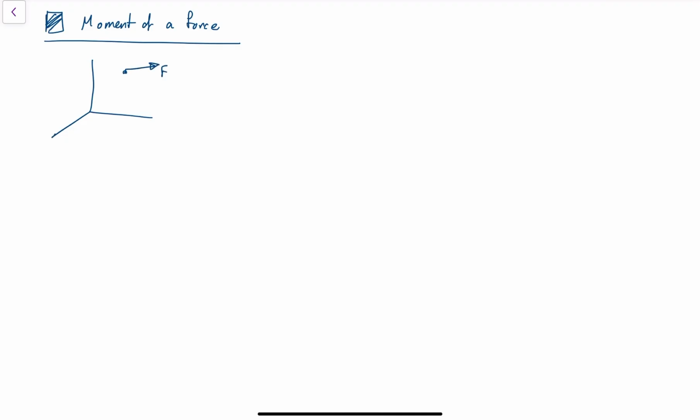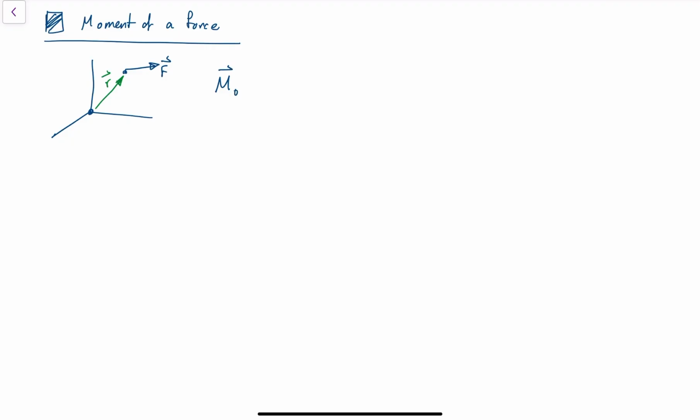You have a force in 3D space. Again, the moment of anything relative to a reference point is a cross product of the position vector by that force. It is very well established.